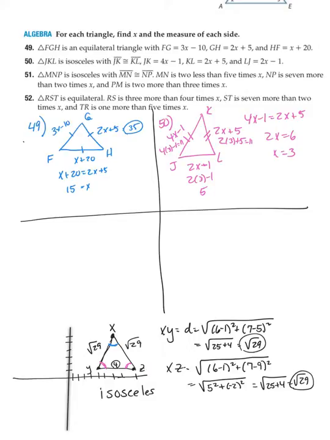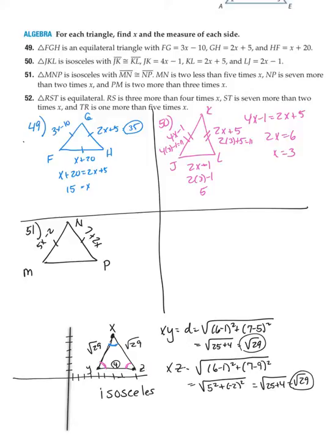Okay, let's look at 51. This time we have an isosceles again. MNP. MN is congruent to NP. MN is 2 less than 5 times x. NP is 7 more than 2 times x.